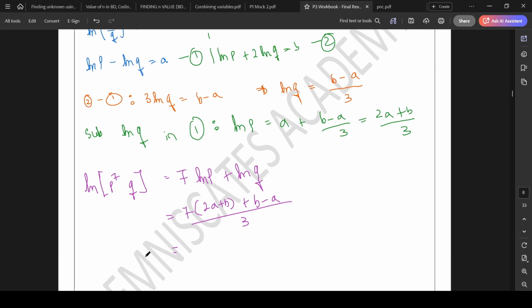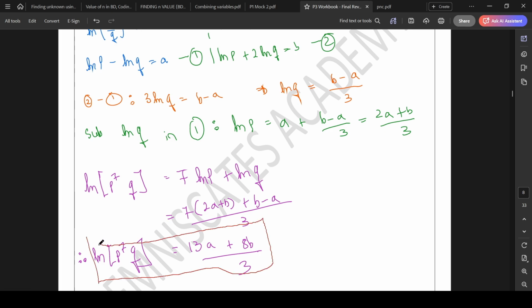And now if I simplify this, you can say that ln of p to the power of 7 into q is going to be equal to 7 times 2 is 14, 14 minus 1 is 13, so 13a, then 7b plus 1b is 8b. So 13a plus 8b, the whole divided by 3. So you can see that you have expressed ln of p to the power of 7 into q in the form of a and b.